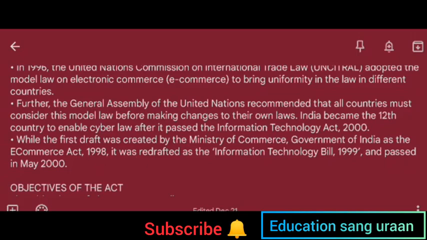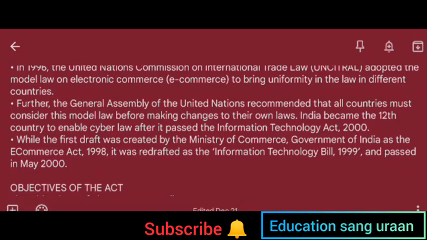Further, the General Assembly of the United Nations recommended that all countries consider this model law before making changes to their own laws. India became the 12th country to enable cyber law after it passed the Information Technology Act 2000.